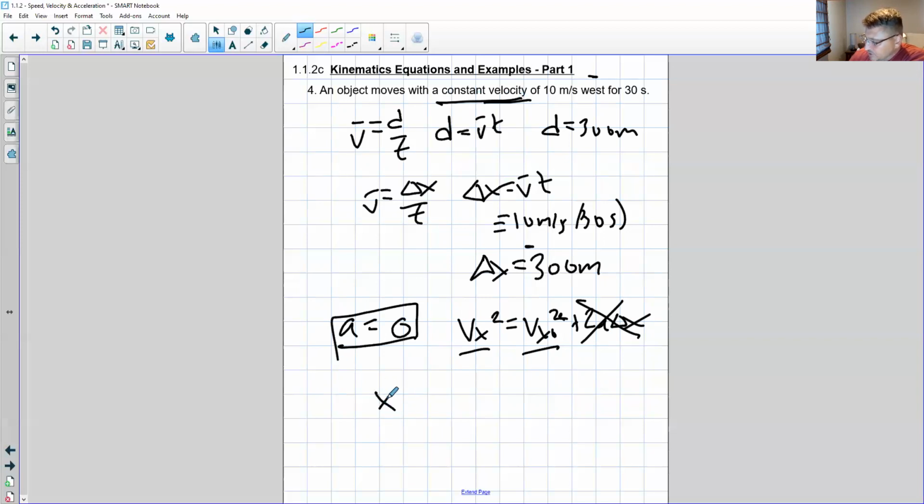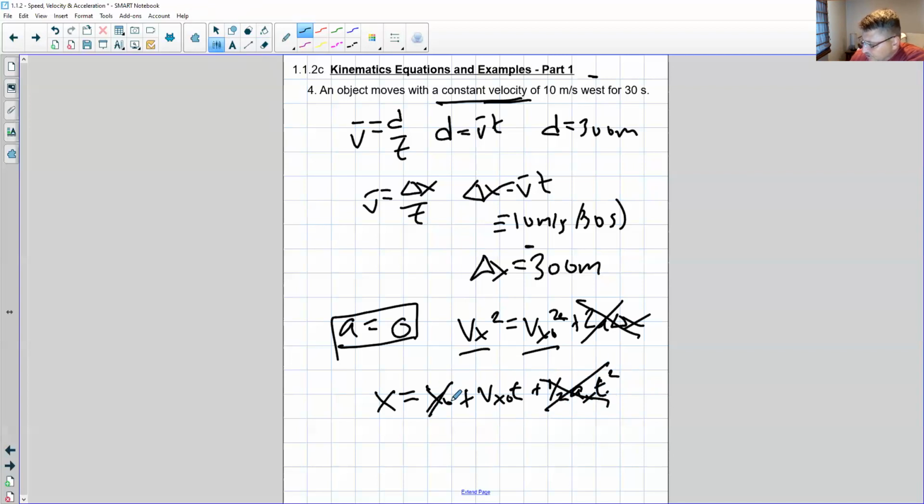Look at our position equation, x equals x naught plus Vx naught t plus 1/2 ax t squared. If acceleration is 0, that gets rid of this whole term.